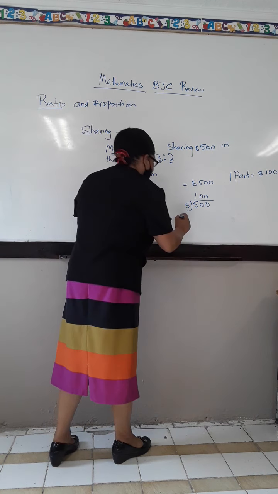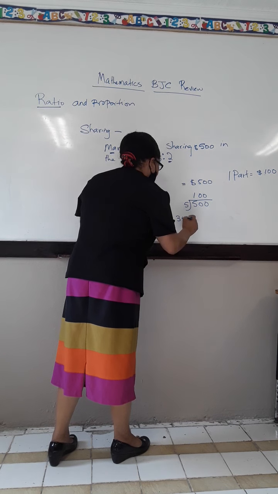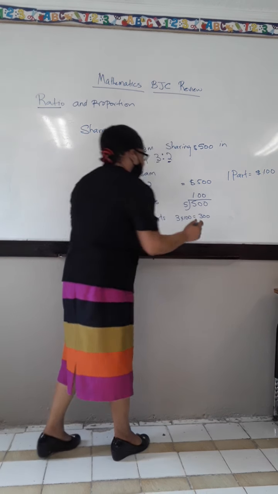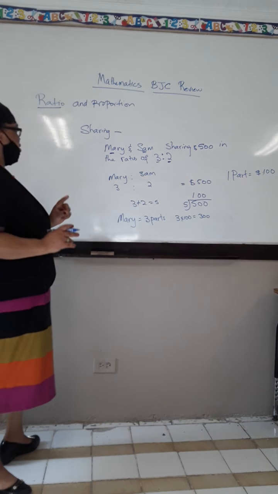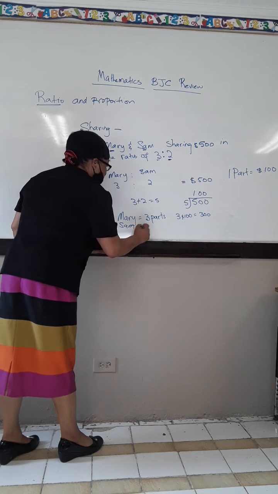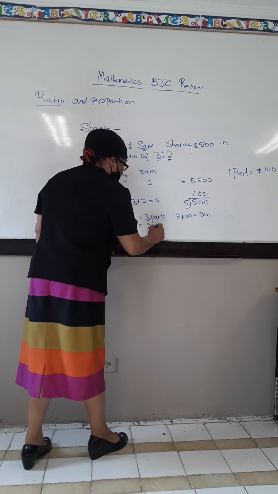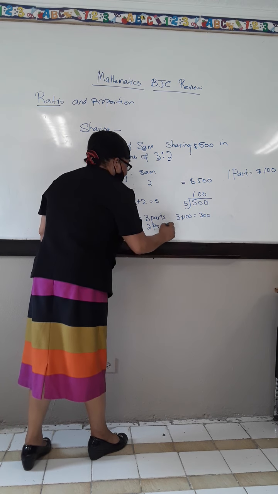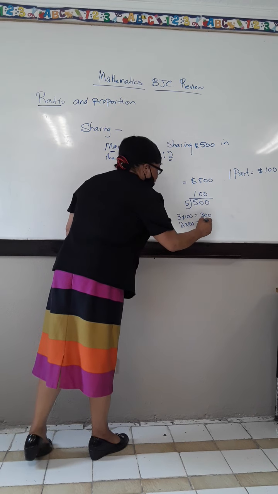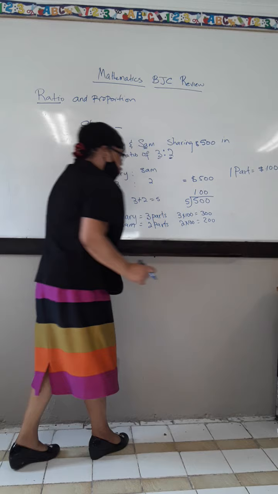So it is 3 times 100, which is 300. So Mary is getting $300. Sam is going to get 2 parts. 2 parts. And so that is 2 times 100, which is going to give me $200.